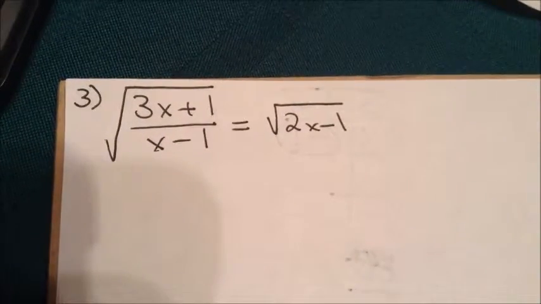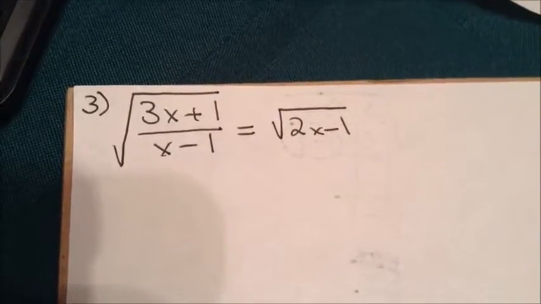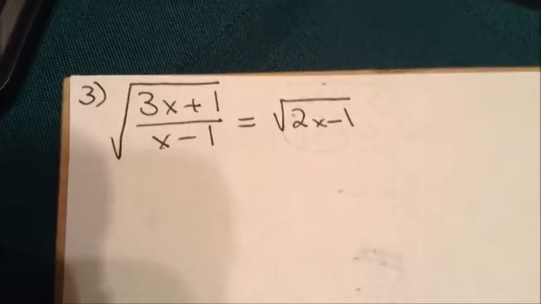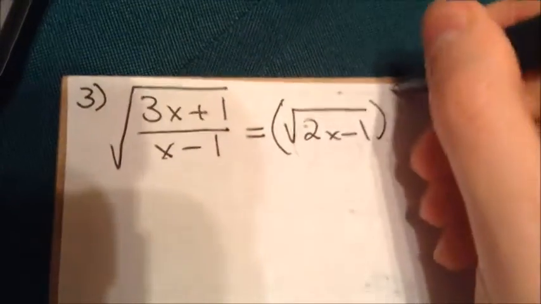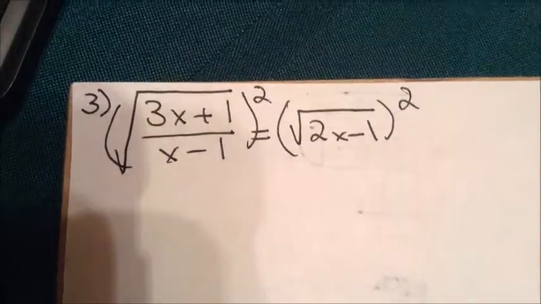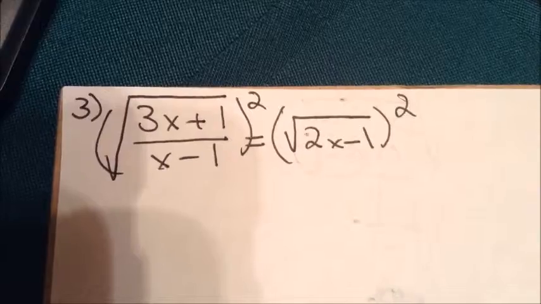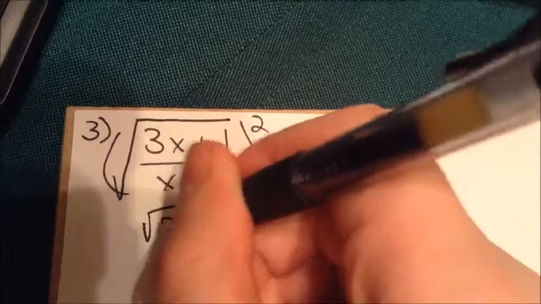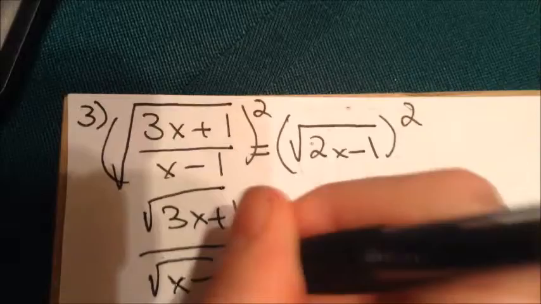Okay, our next equation is the square root of 3x plus 1 over x minus 1, which equals 2x minus 1. Now we start by squaring both sides. When you have a fraction underneath the radical, it is the same as having square root of 3x plus 1 over square root x minus 1.